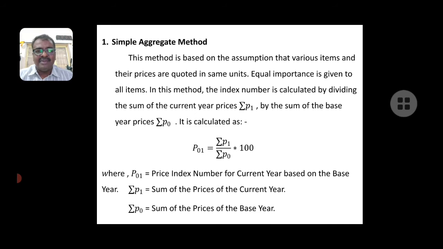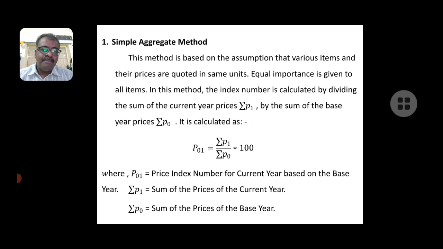So price index of the current year based on the base year is equal to sigma P1, where P indicates the prices and 1 indicates the current year. Sigma P1 denotes the total sum of all the current year prices, divided by sigma P0, similarly the summation of all the prices of the base year, multiplied by 100.